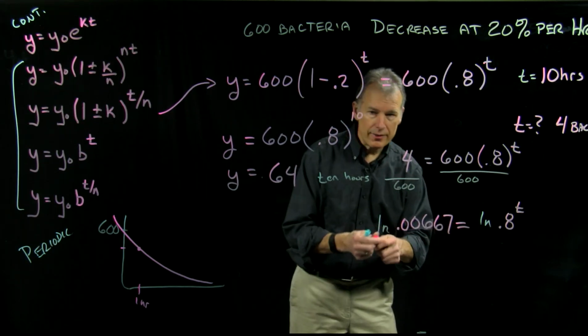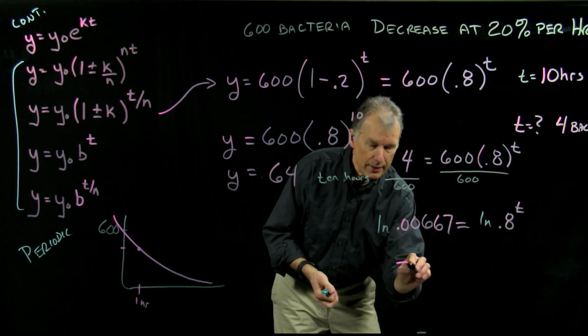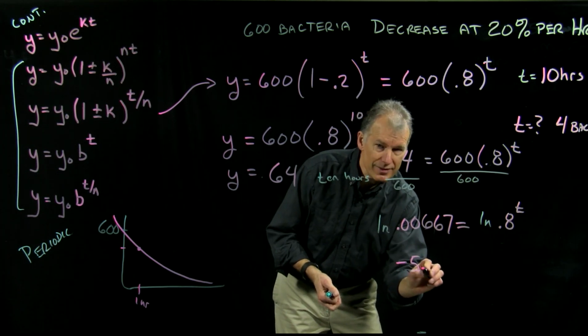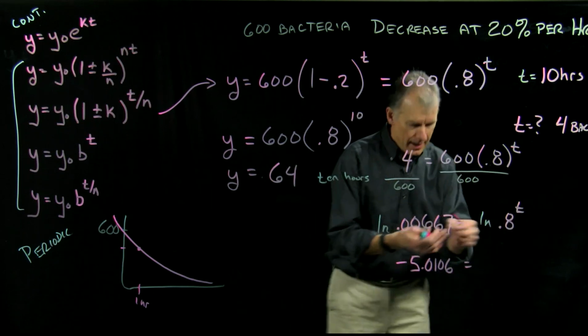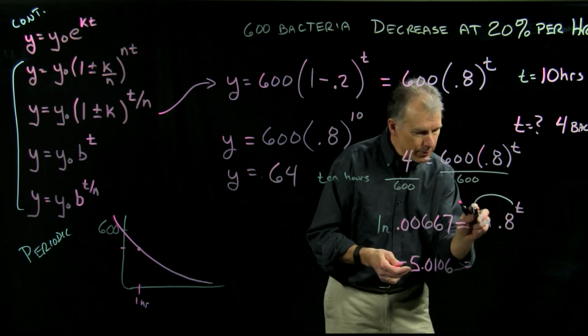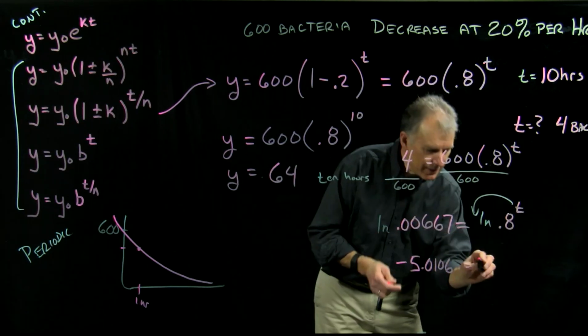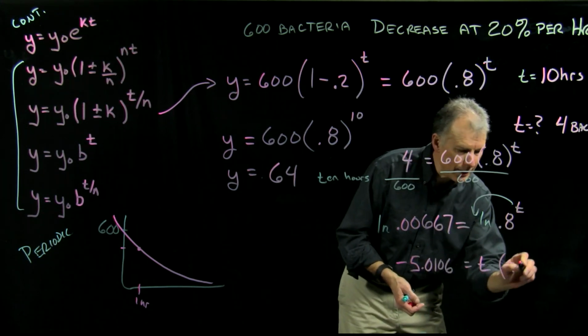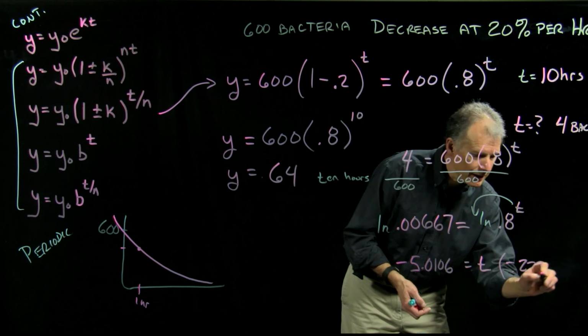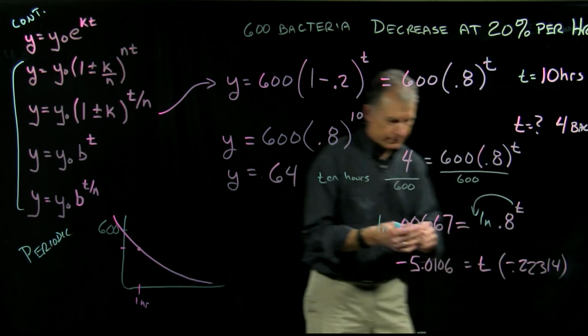Then the natural log of that will give me negative 5.0106. And of course over here, the reason we did that is we can bring our variable t in front. The natural log of 0.8 is negative 0.22314.